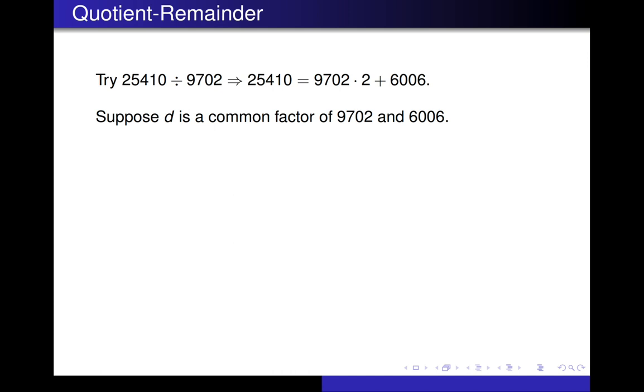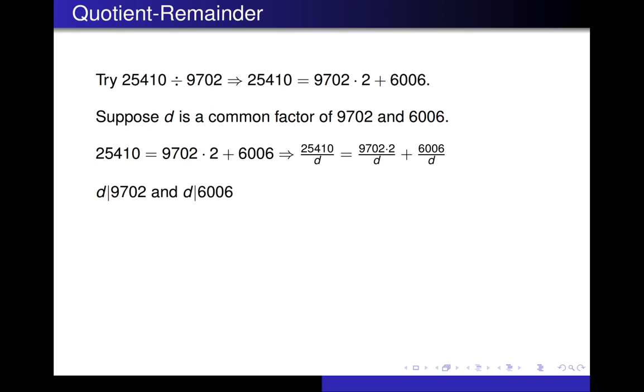Well, let's try it the other way around. Suppose now that you have a common factor D of 9,702 and 6,006. Well, again, I'm going to divide both sides by D, and now I'm not even going to do any algebra. D divides that first term because it divides evenly into 9702. It divides the second term because it divides evenly into 6006.